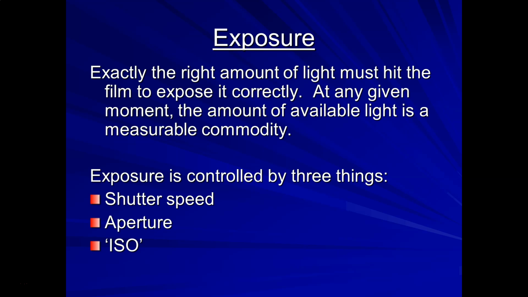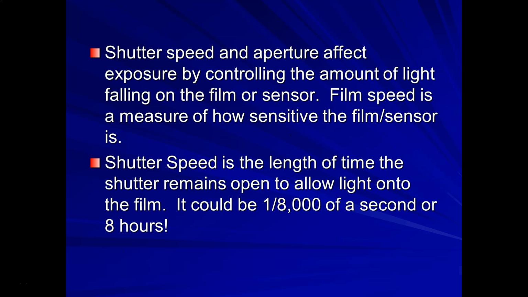The photographer controls exposure via the shutter speed, the aperture, which we've talked about already, and also something called the ISO, which is film speed, which we'll talk about a bit later on. But that tends to be set quite early on in the photo shoot. From that moment on, it's the shutter speed and the aperture that the photographer can control.